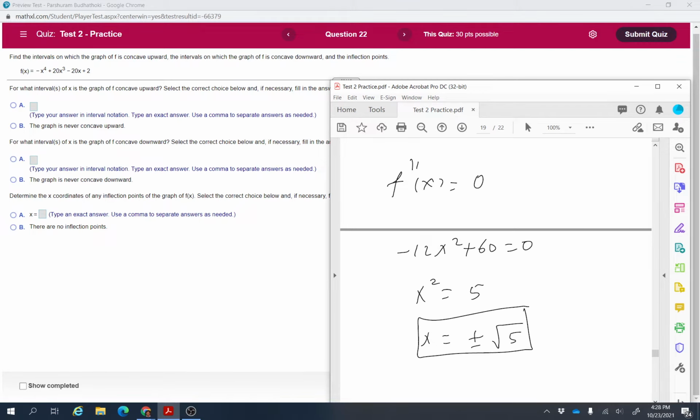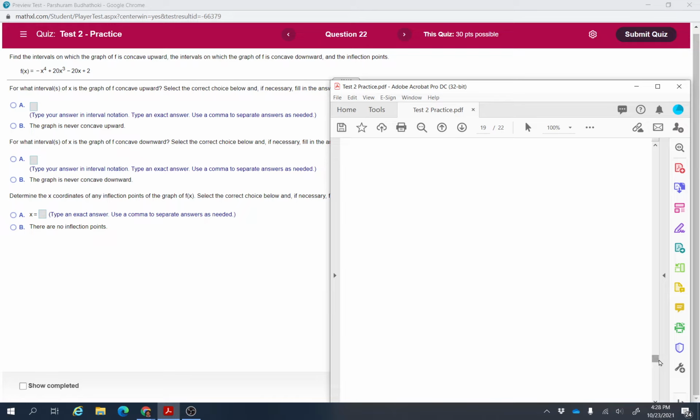These are the 2 points where the second derivative is 0. So there is a negative square root of 5, there is a positive square root of 5. We know that at these 2 points the second derivative is 0. So to find out the concavity, we need to find out what happens to the second derivative on each interval, by choosing some testing point.